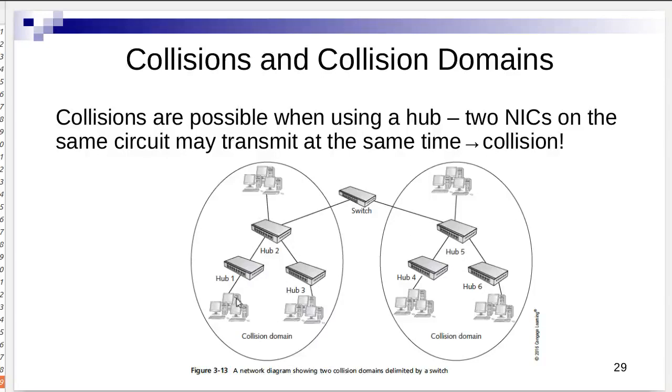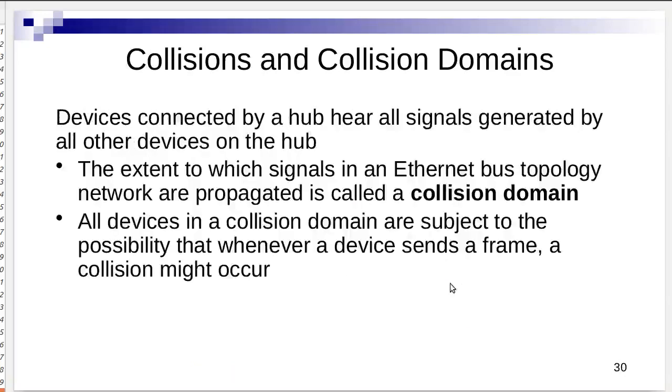So this is a collision domain, this is a collision domain because they both have hubs. Devices connected by a hub hear all signals generated by other devices on the hub, and so the extent to which these signals in an Ethernet bus topology are propagated is called the collision domain.